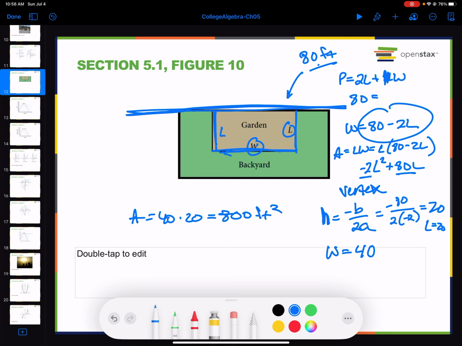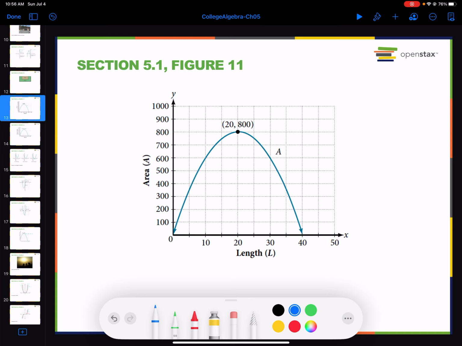So we're going to be able to get a maximum of 800 square feet if we have the length at 20 and the width at 40. So this is a parabola of what we just did. Here you can see we reach our maximum of 800 when the length equals 20.